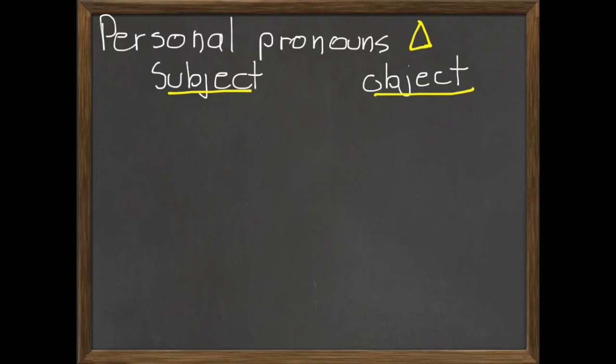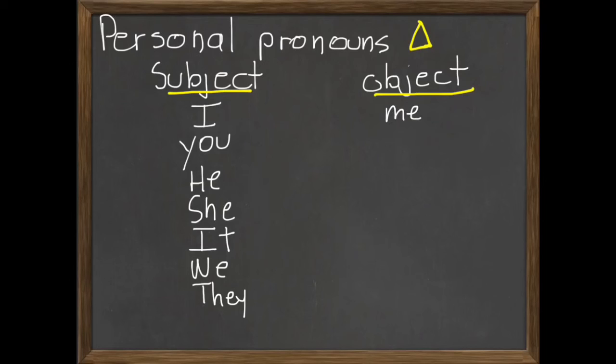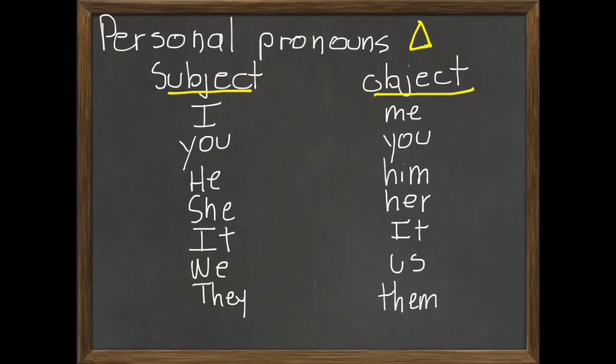The subject personal pronouns are I, you, he, she, it, we, and they. The object personal pronouns are me, you, him, her, it, us, and them.